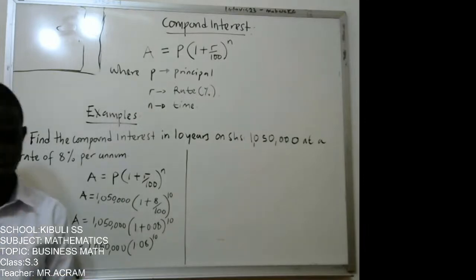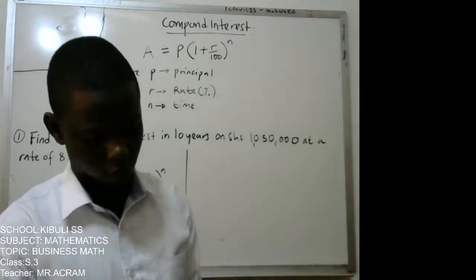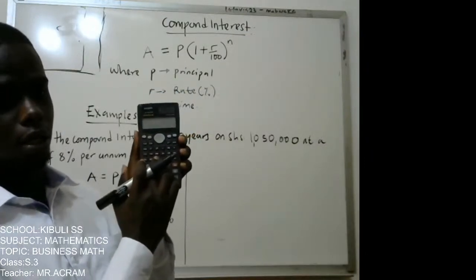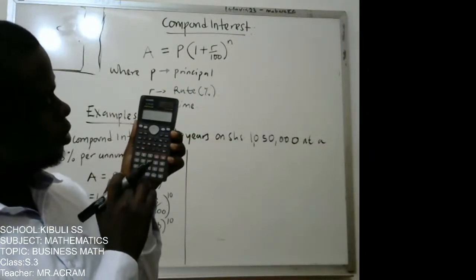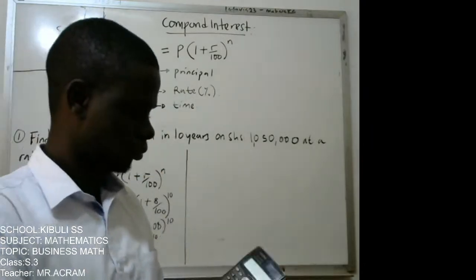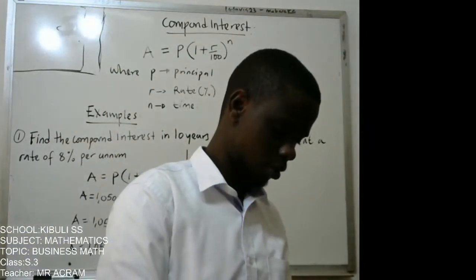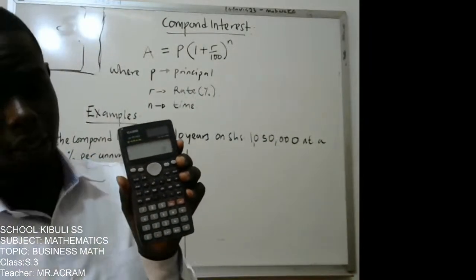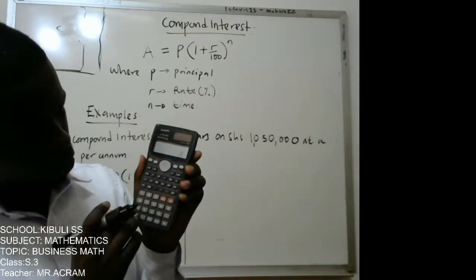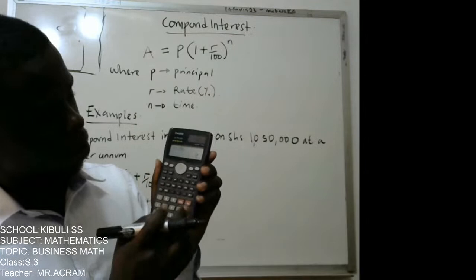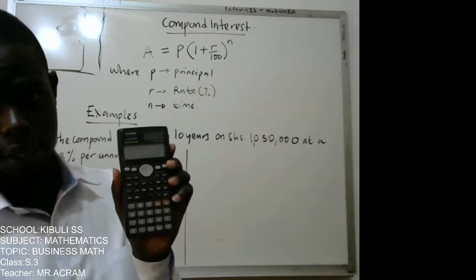Can someone share with me what they are getting? Because you must know how to use this calculator very well. First of all, you open the brackets. You see this button here? You click on this one. You open the brackets there. And then you put in 1.08. Close the brackets there.